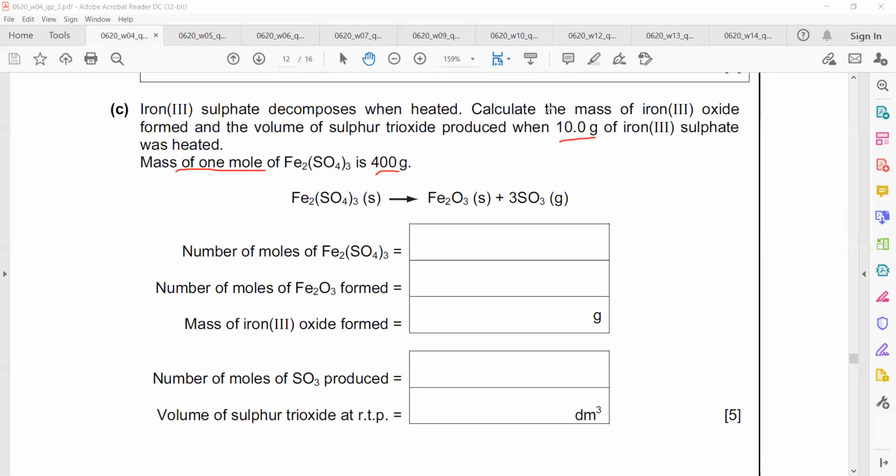So how to get the moles of iron sulfate? We have the mass of iron(III) sulfate. So the formula, again we'll use the same formula: moles equals mass in gram over molar mass.